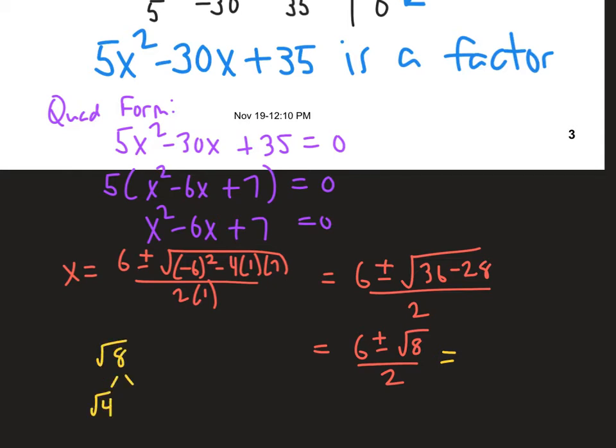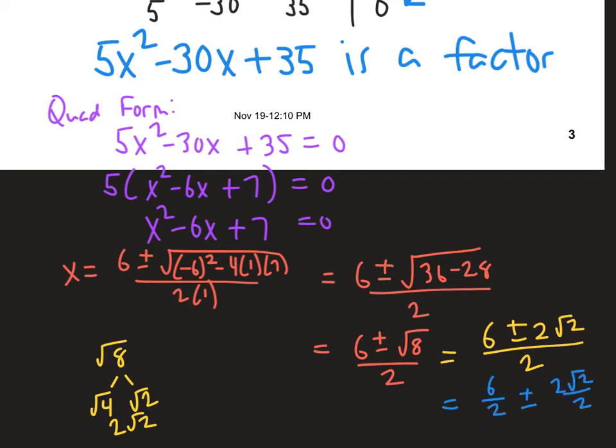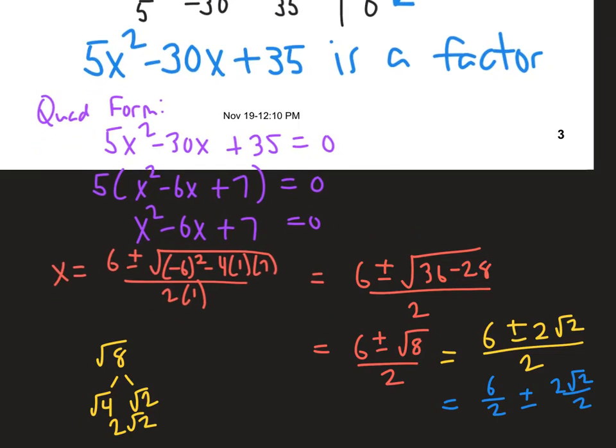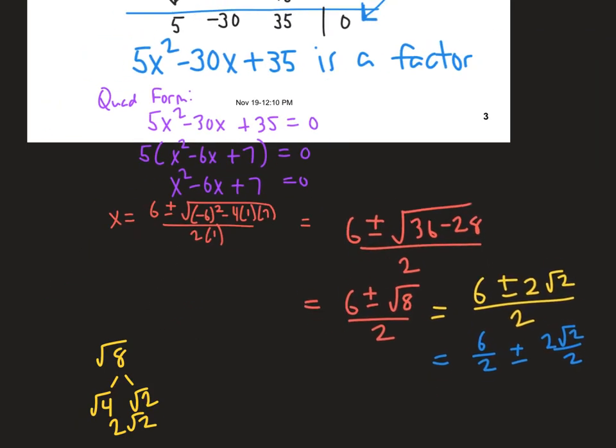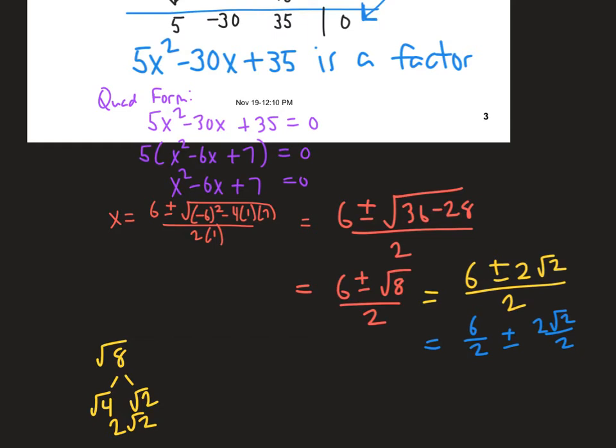Look for perfect squares that go into it. So root 4 times root 2, which is 2 root 2. So we have 6 plus or minus 2 root 2 all over 2. Since each coefficient is divisible by 2, we can split it up and reduce, one final step, to get our final answer of 3 plus or minus root 2.